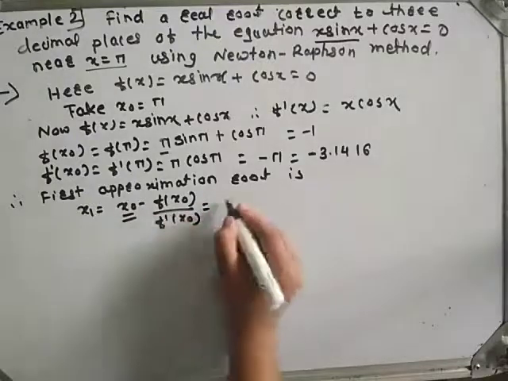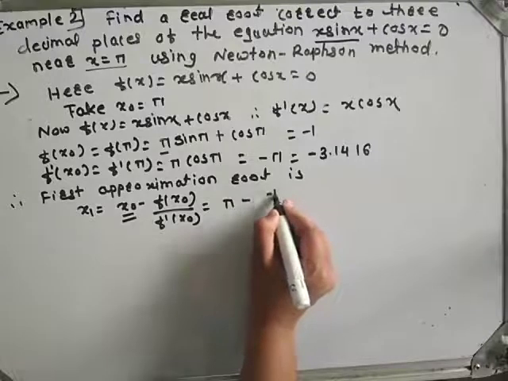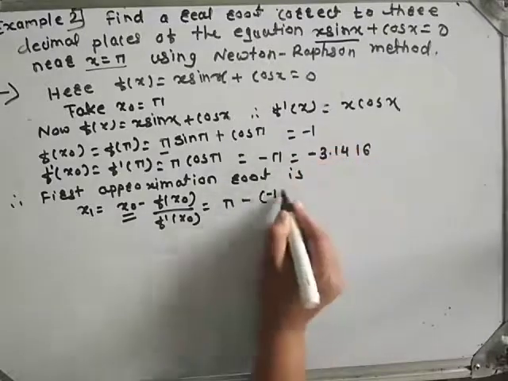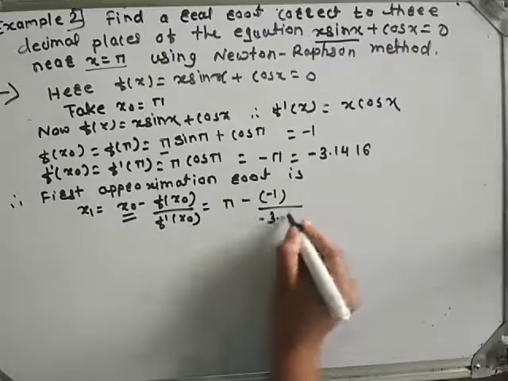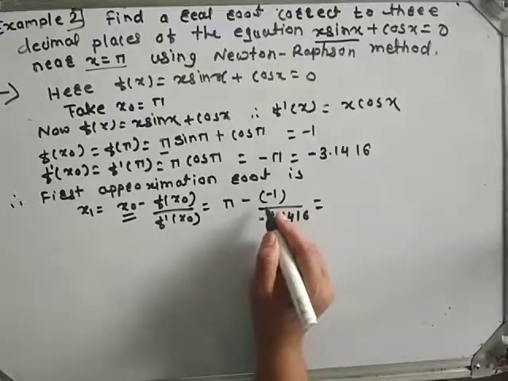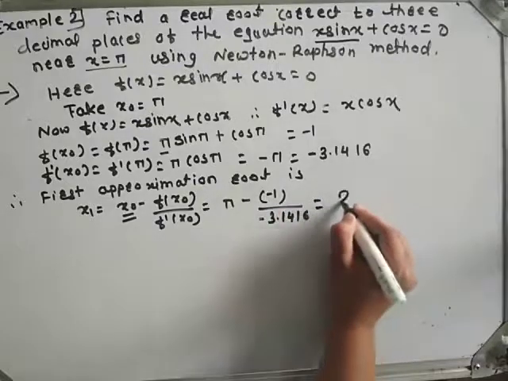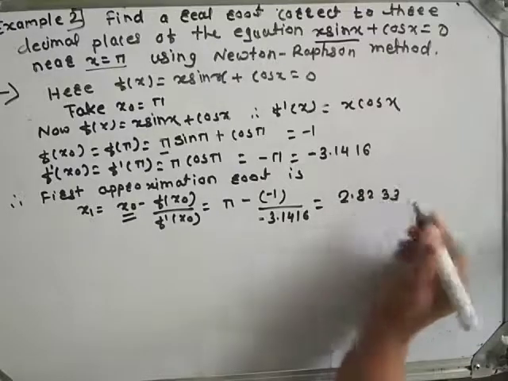Here x0 is pi minus f of x0 is minus 1 upon f dash of x0 is minus 3.1416. After calculating this value on calculator, we get 2.8233.